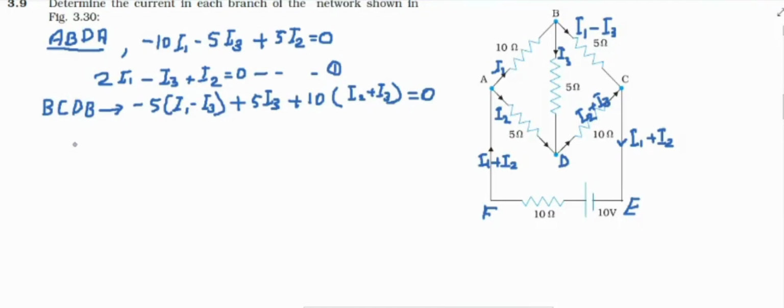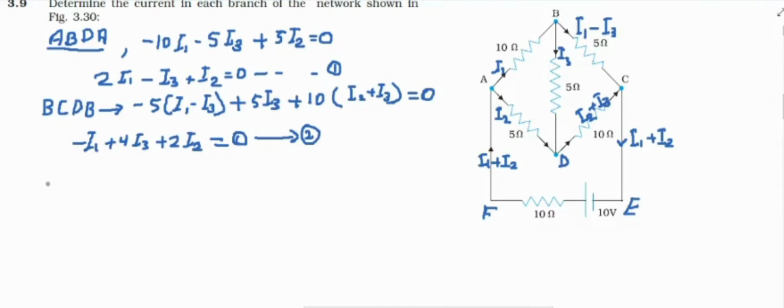Therefore you will get minus I1 plus 4 I3 plus 2 I2 equal to 0. So take it as equation 2.